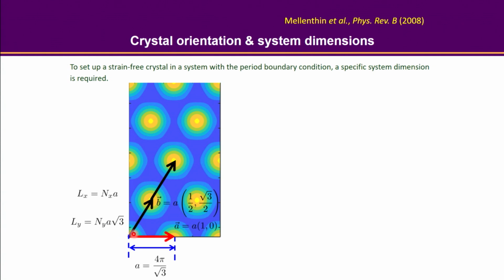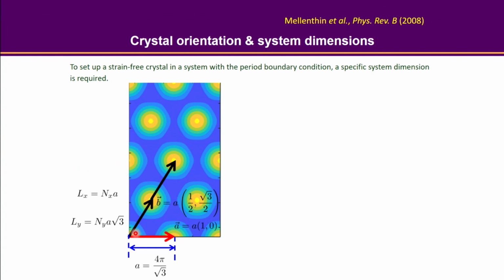If I only have the red vector, I can only go horizontally. But with the other vector, the black one, I can go from the one on the bottom left to this atom. For any other atom, I can always use a multiple of this A vector plus a multiple of the B vector to get to the other atom positions. So I can use this A vector and B vector to figure out my dimensions.